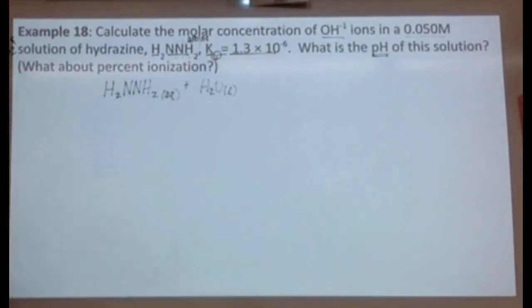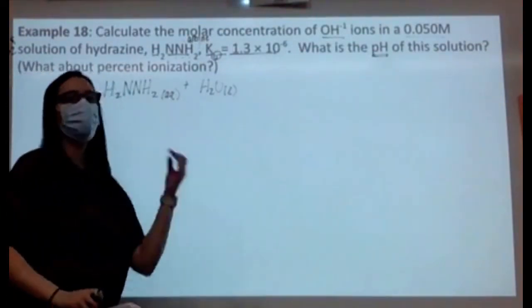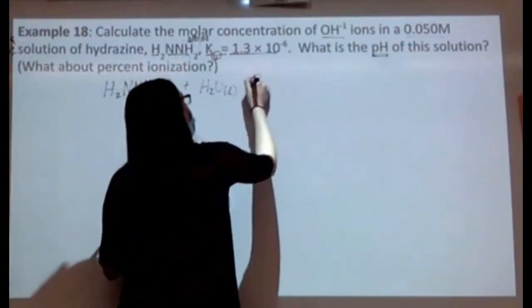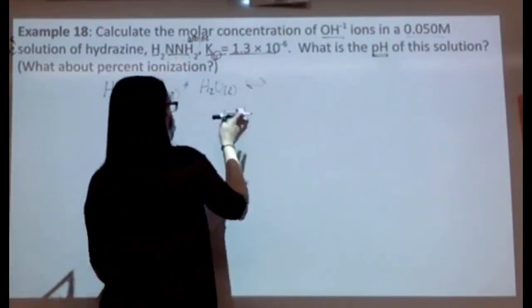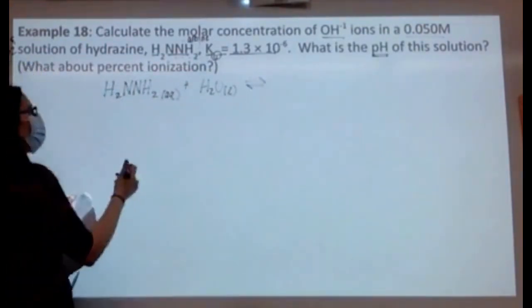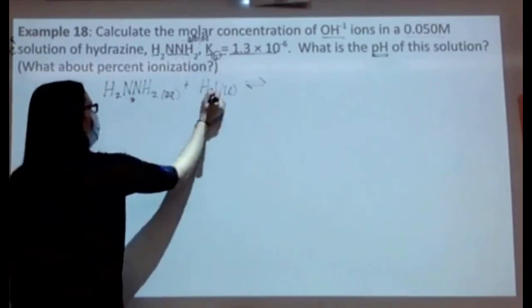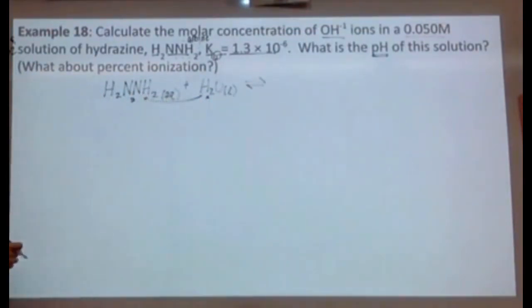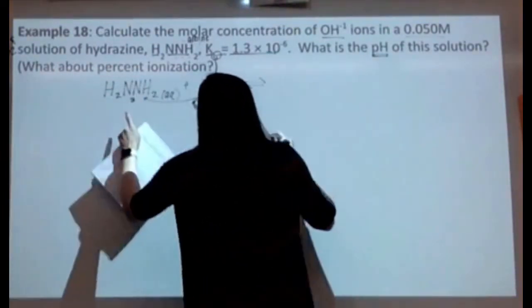With acids, it's up to you on if you want to do plus H2O. If you do plus H2O, then instead of H plus, you're going to have H3O plus, right? And that means the same thing. With bases, you want to include H2O because that's where you're getting the proton from. If this is a base, water has to be the acid. And so it's actually going to accept a proton.